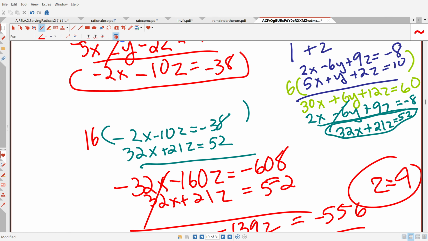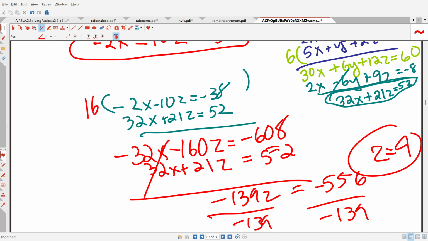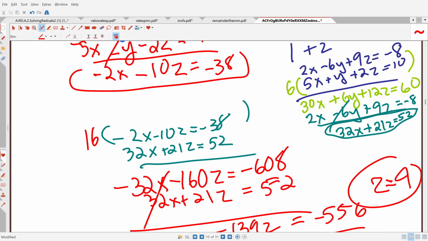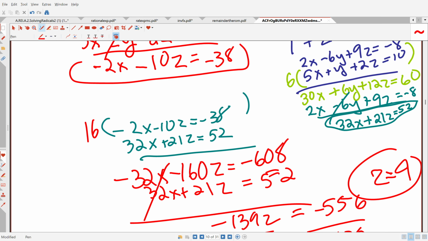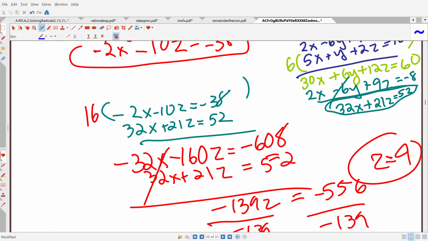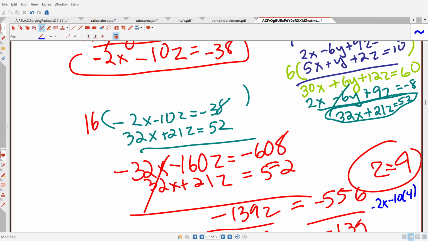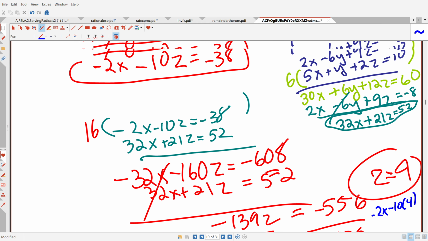Okay, so now we have to go back to one of the first ones we did, like the one in the box, because we got z is 4. So I'll use this one. I don't like negatives, but those have too big of numbers. I'm going to do -2x minus 10z is equal to -38.